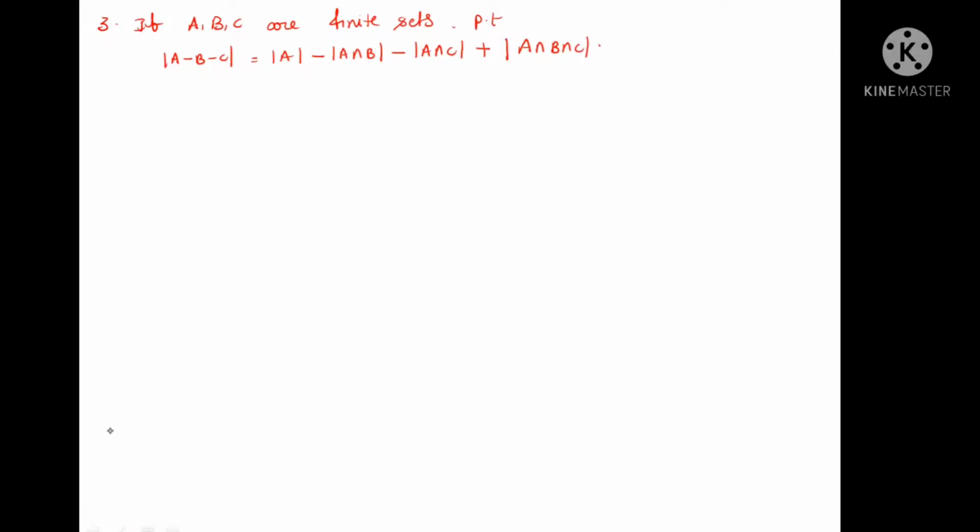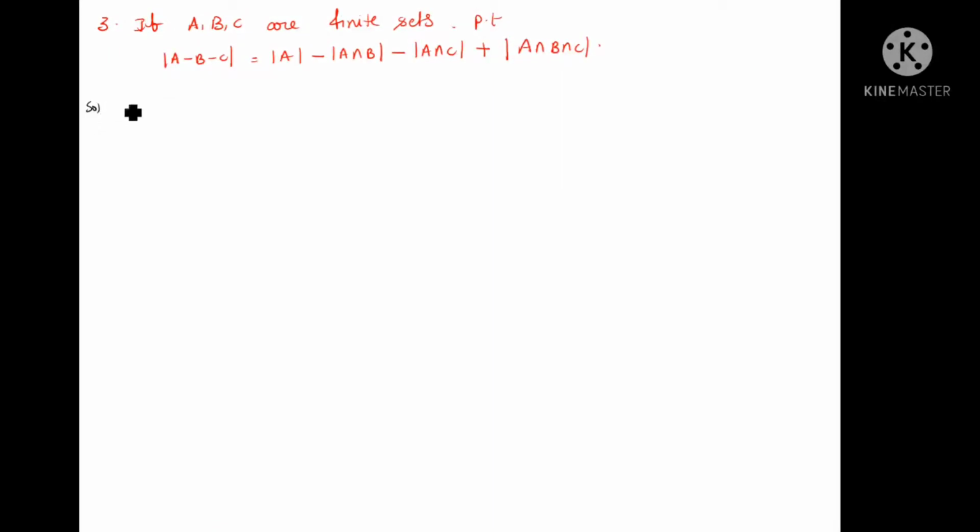Third question. If A, B, C are three finite sets, then prove that mod A minus B minus C equals mod A minus mod A intersection B minus mod A intersection C plus mod A intersection B intersection C. We know the principle of inclusion and exclusion for three sets.